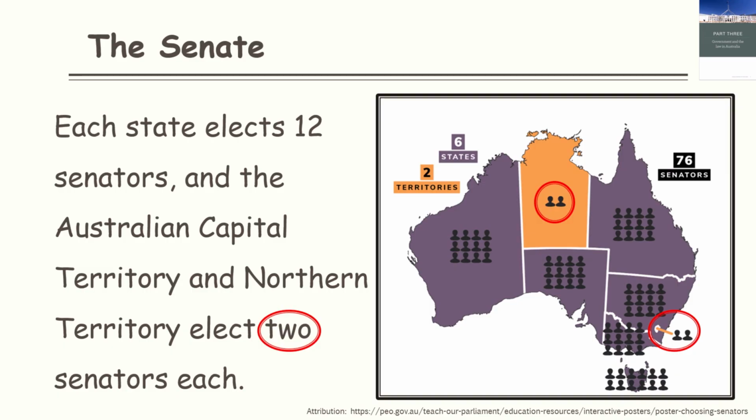We know that for the Senate, each state elects 12 senators, and the Australian Capital Territory and Northern Territory elect 2 senators each. That must be where the number 2 came from.